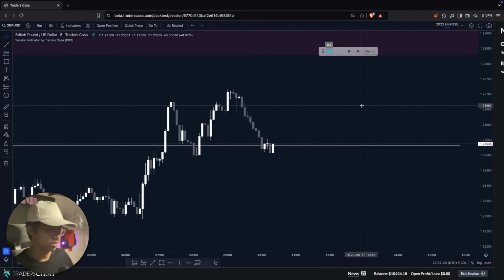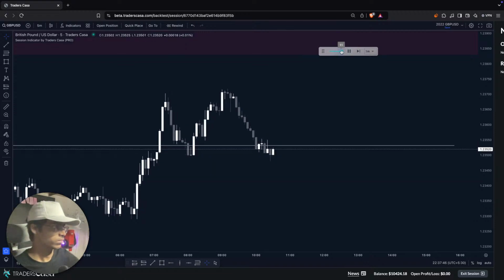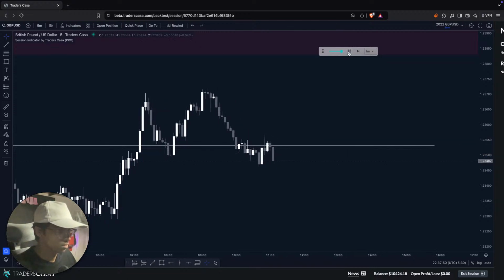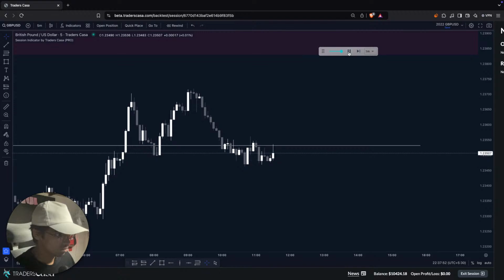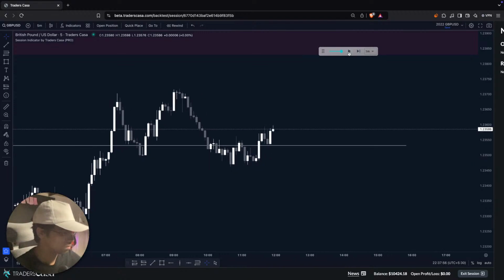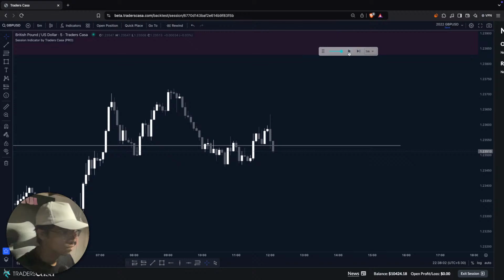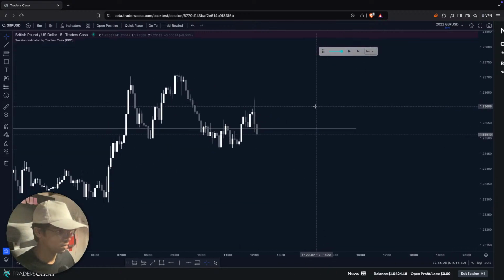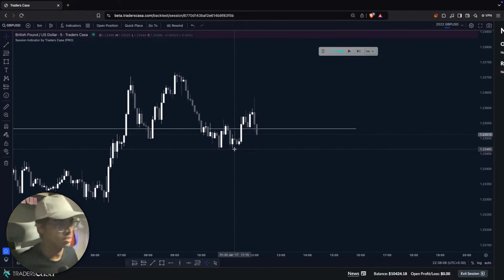Not able to receive such a good price movement. Okay, an entry can be taken, but these are sell side liquidities.